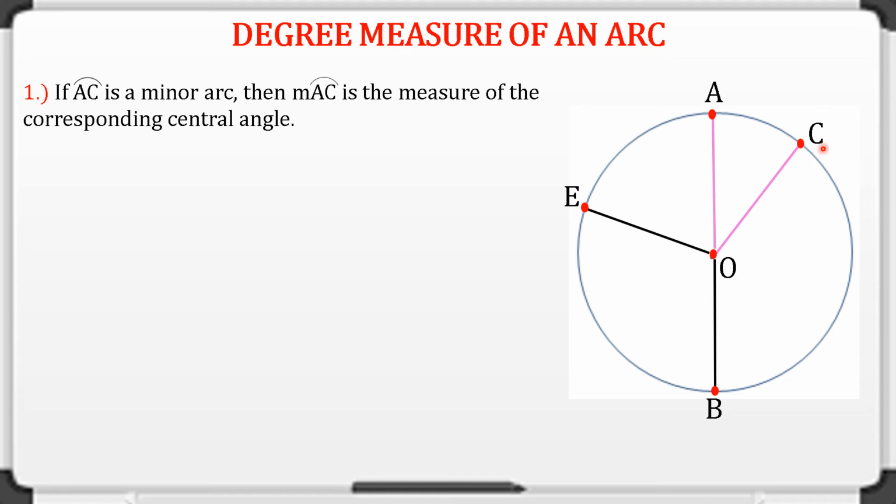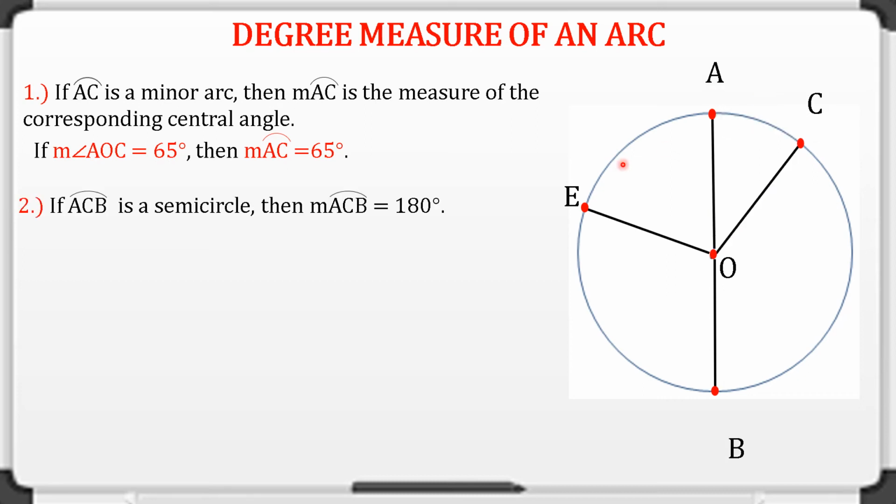Here, if AC is a minor arc, then the measure of this angle AOC is equal to the measure of this minor arc. So if the measure of AOC is 65 degrees, the intercepted arc is also 65 degrees.